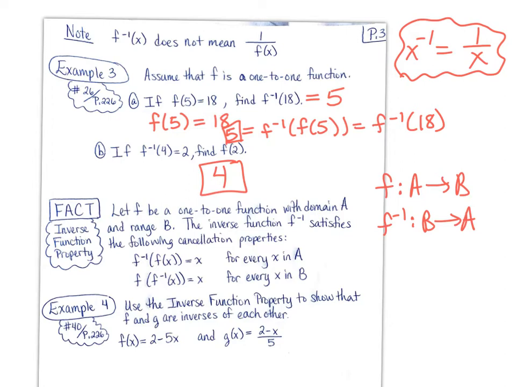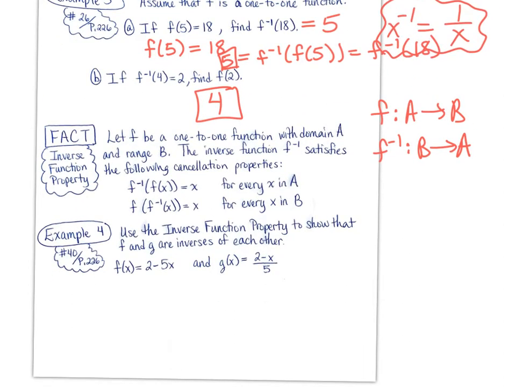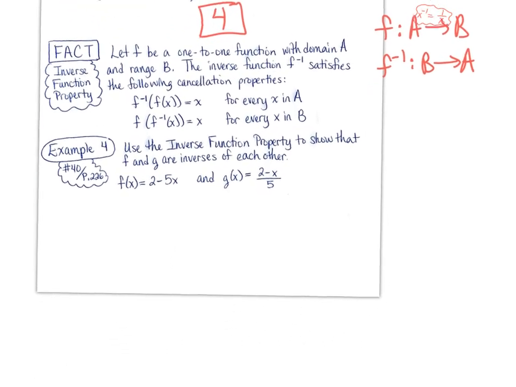Now, what we're going to do, we're going to use the inverse function property to show that f and g are inverses of each other. So in other words, we're going to show that f of g of x is equal to x, and we're going to show that g composed with f of x is equal to x. You ready? Yes? No? Yes. All right, let's do it. So I'm going to move this up a little bit more.